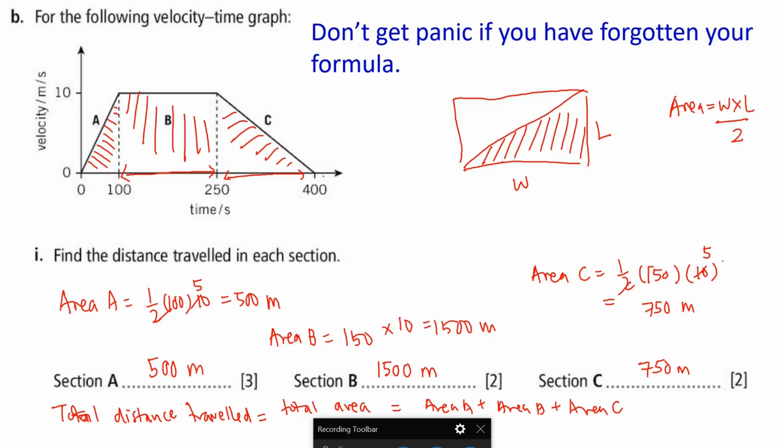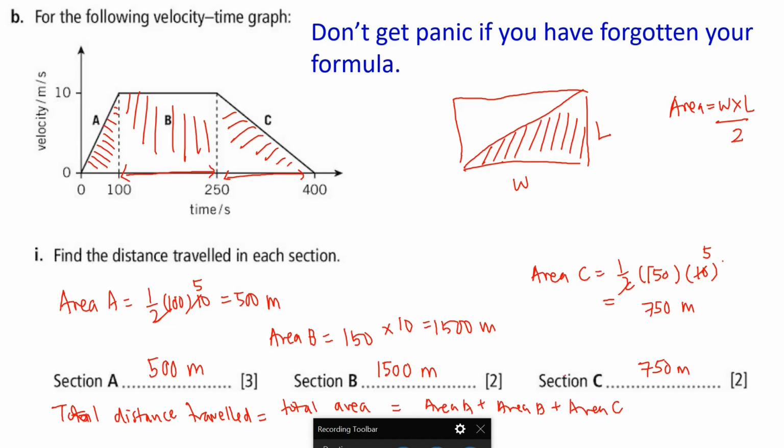Because this is the velocity time graph of an object in motion, the object travels a distance in 400 seconds, and you have to find the distance traveled by that object in 400 seconds.